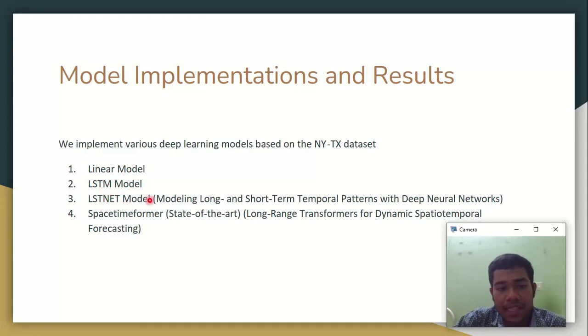And we have an LSTNet model, which is the previous state-of-the-art model, proposed in the paper, Modeling Long- and Short-Term Temporal Patterns with Deep Neural Networks, which basically proposes an RNN and CNN-based neural network. And finally, we have Spacetimeformer, which is the current state-of-the-art model, proposed in the paper, Long-Range Transformers for Dynamic Spatiotemporal Forecasting. So next, we are going to talk about each of these models in detail.